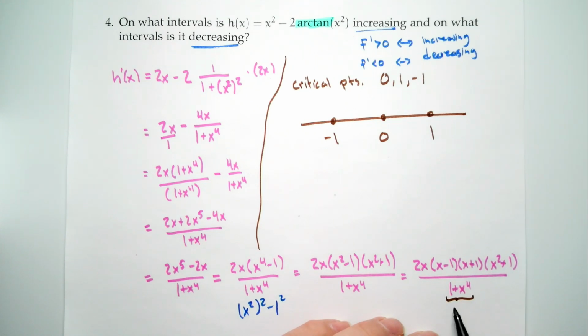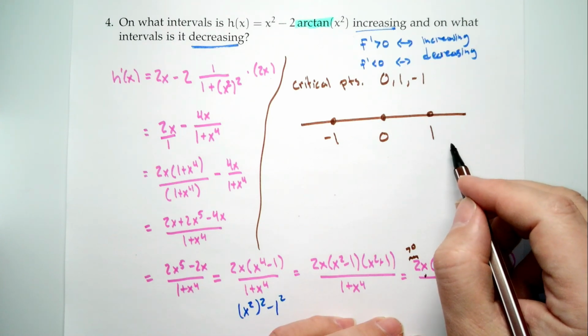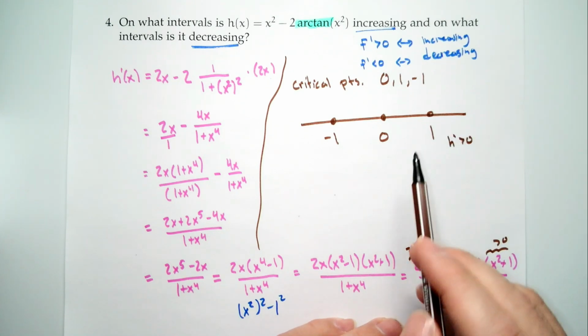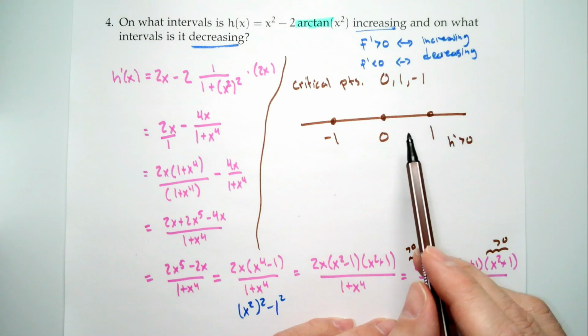Notice a couple things. This is positive, and the 2, just the 2, that's also positive. So the sign is determined by these 3 pieces. If I pick the number 2, again, just the sign: positive, positive, positive, multiply them all together, that says h prime is positive. All right, between 0 and 1, pick a half.